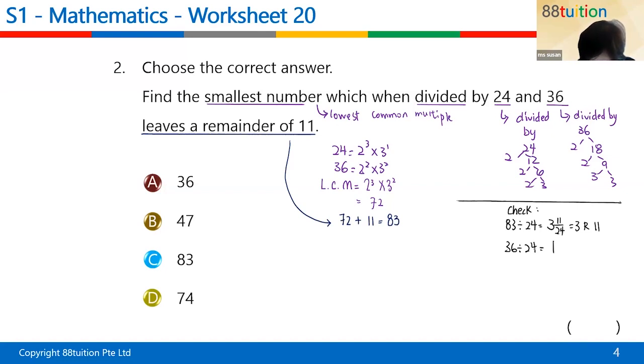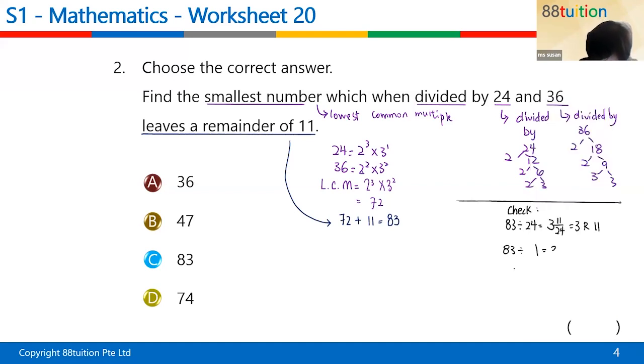Okay, you also can have a 36 divided by 24. You get 1, 24, 36. The smallest number can be divided by 36, 83. So 83 divided by 24, you will get yourself 3 whole 36.